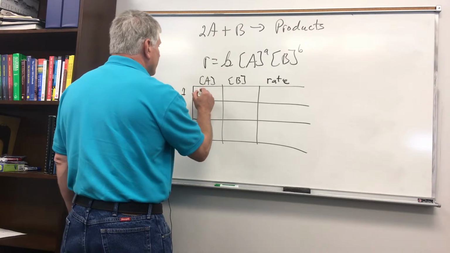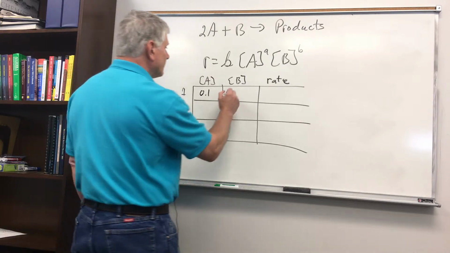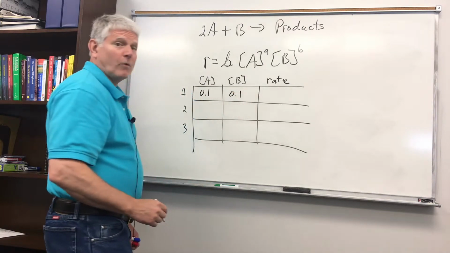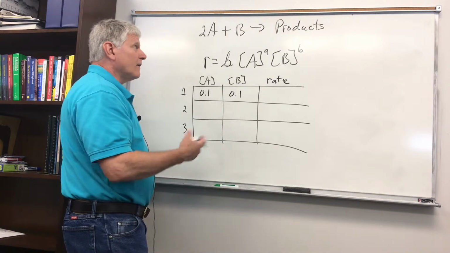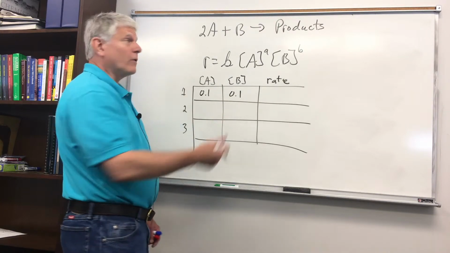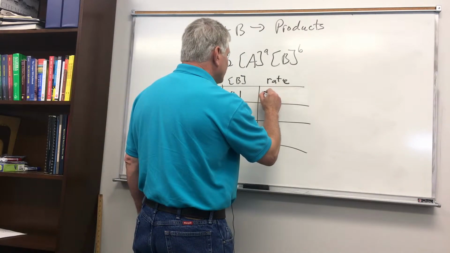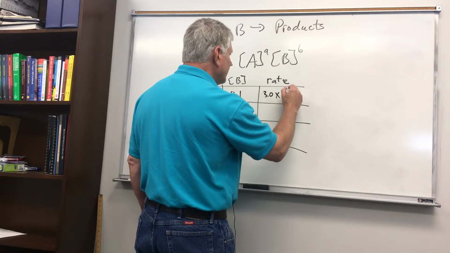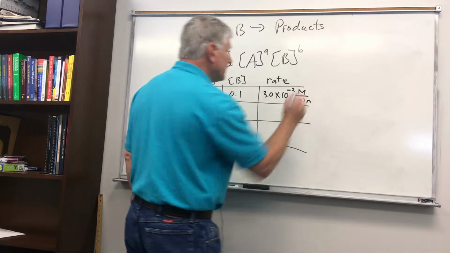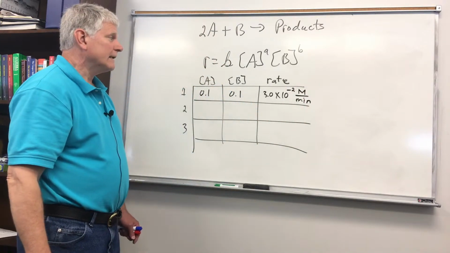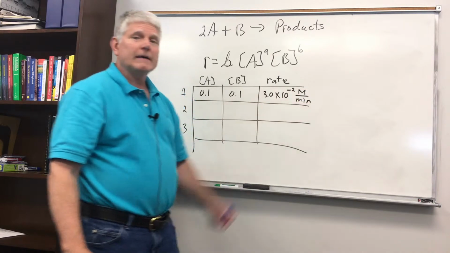So say we start with the concentration of A of 0.1 molar and the concentration of B at 0.1 molar. And then experimentally we measure the rate of the reaction, how fast product is formed or how fast one of these reactants disappears. So the rate, say, is 3.0 times 10 to the minus 2 molar per minute. So that is our rate. And you can see the rate is concentration divided by time.